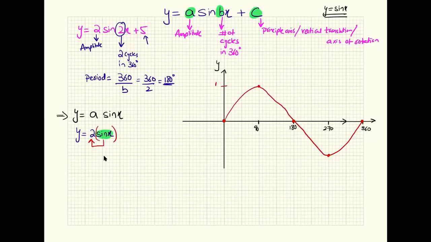So every value on the graph should be multiplied by 2. If I multiply this value by 2, what is going to be the result? So the maximum value will be 2. Yes, that's correct. But do you see the red cursor over here?